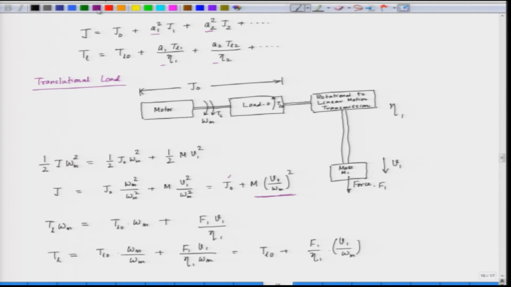So, this is the expression for the effective load torque seen by the motor when we have a translational load. So, in translational load we have to take the ratio of the linear velocity to angular velocity, which will be used for transforming both the inertia and also the load torque.